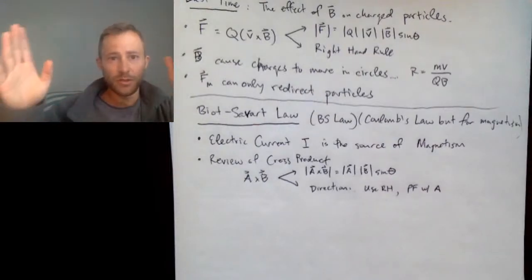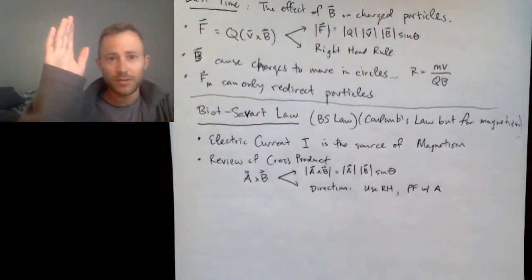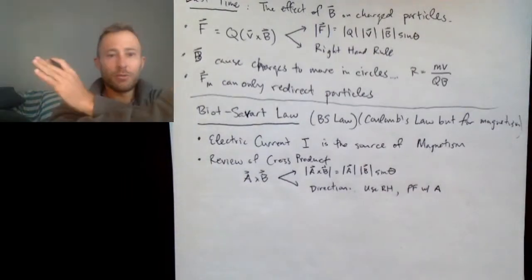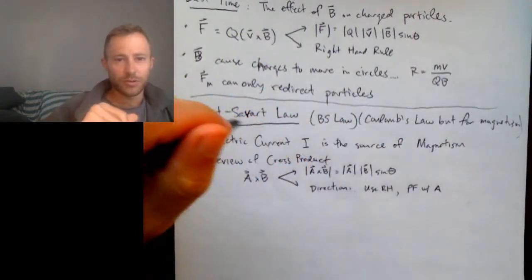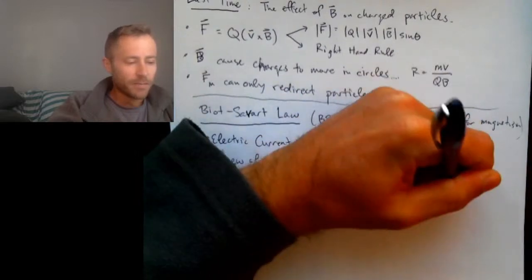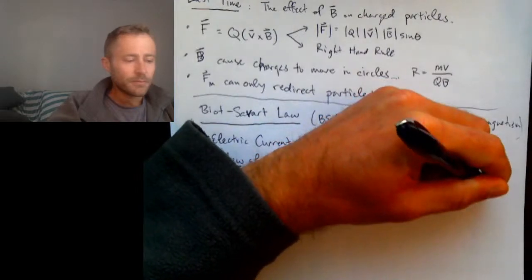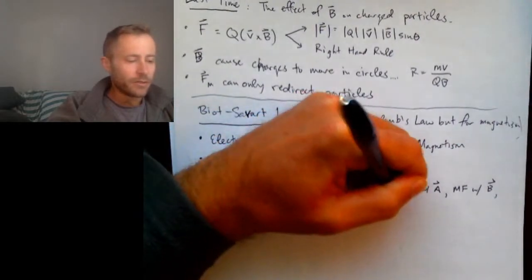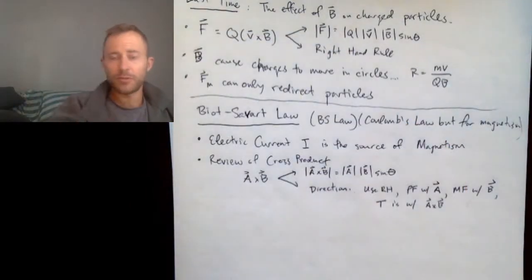Remember how addition is commutative, like 3 plus 4 is 4 plus 3, and 3 times 4 is 4 times 3, but with vector cross products, A cross B is not equal to B cross A. And so it matters which finger you put with which vector. Pointer finger with A, middle finger with B, and then your thumb is with A cross B. All right, so that is how we can get the direction of it.